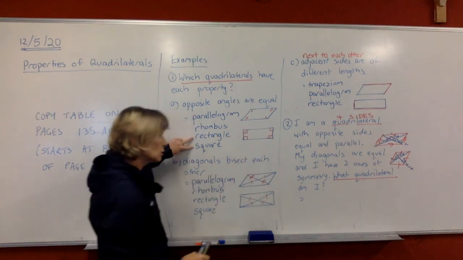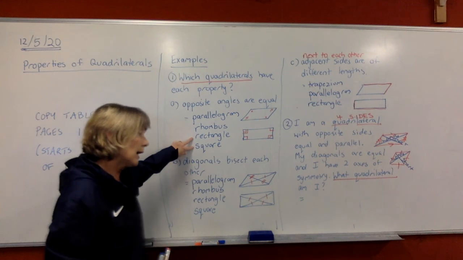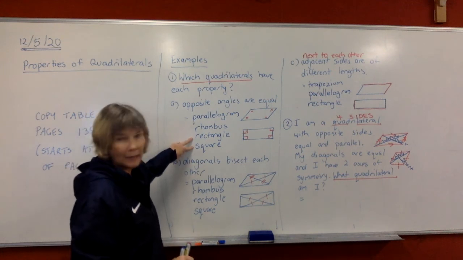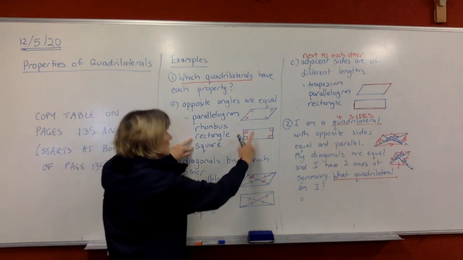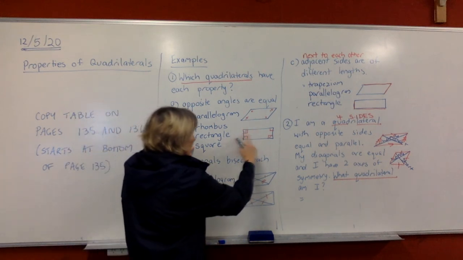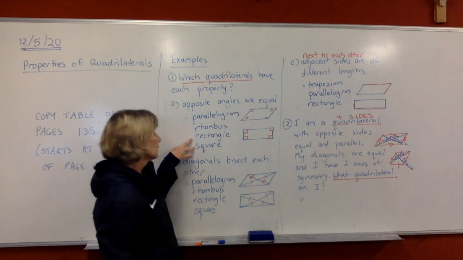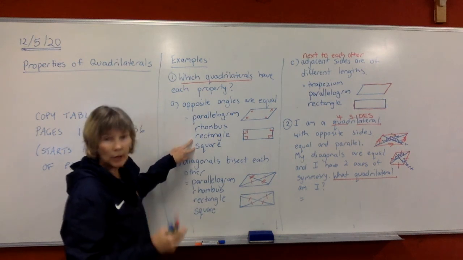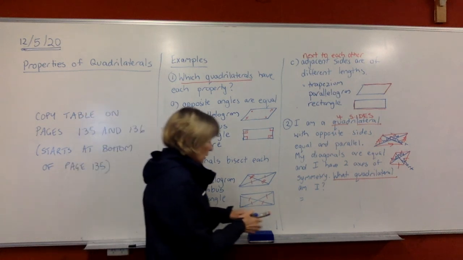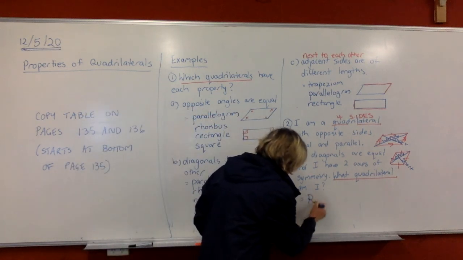So we're down to these two now. I have 2 axes of symmetry. All right, the rectangle definitely has 2 axes of symmetry. It goes down that way and across that way. But a square has 4 because it also has the diagonals. So we're down to saying that it's a rectangle.